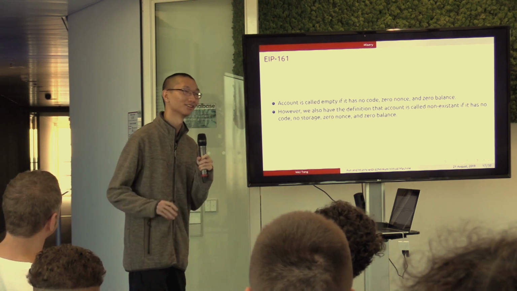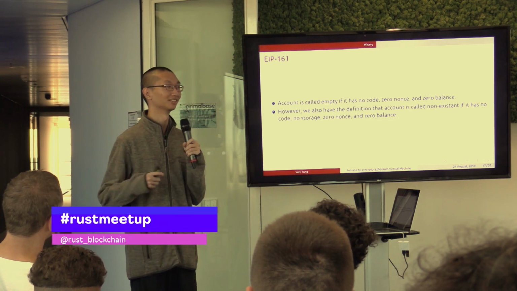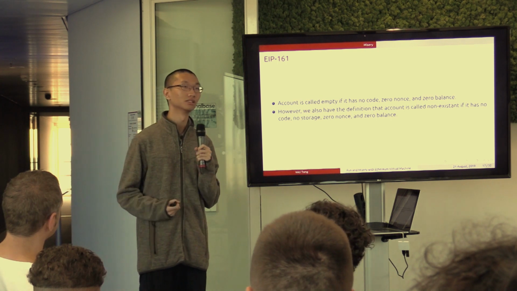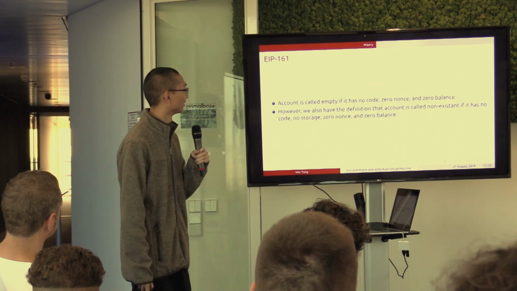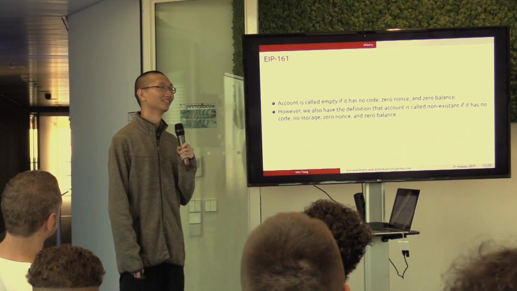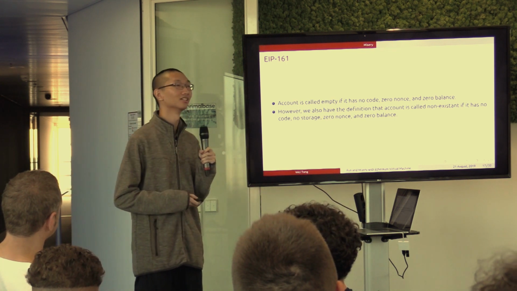So we have a lot of different definitions for this, and in the code we need to handle each of those cases separately. So this has become an issue lately.